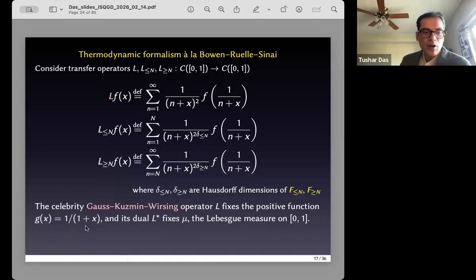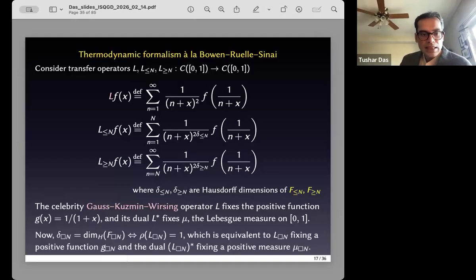This is a renormalized invariant density, and the dual of this operator, L star, fixes Lebesgue measure. Okay, so this is an absolutely continuous density.